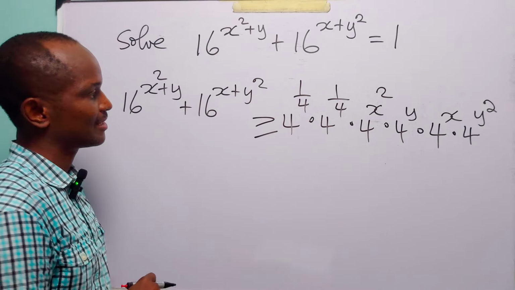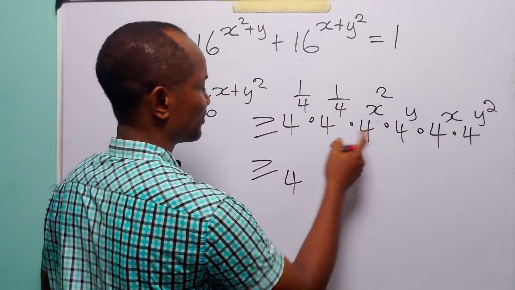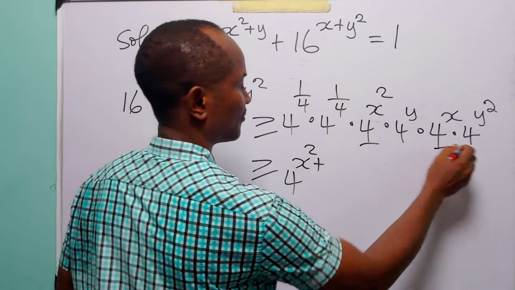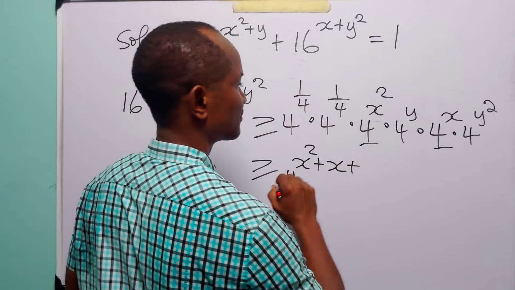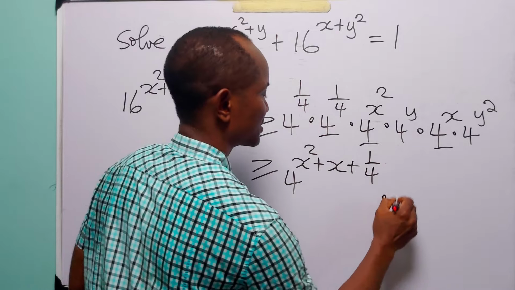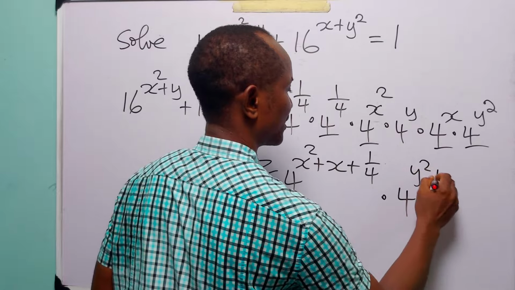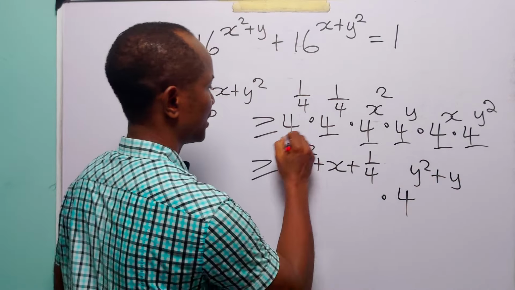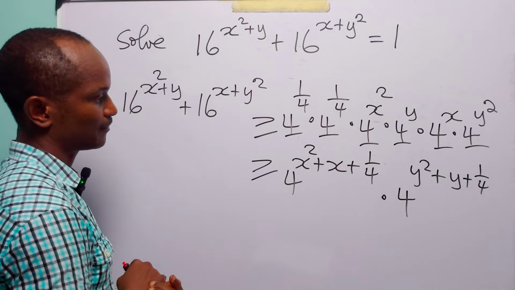And collecting like terms, we can write this as 4 to the power x squared plus x plus 1 over 4 multiplied by 4 to the power y squared plus y plus 1 over 4.